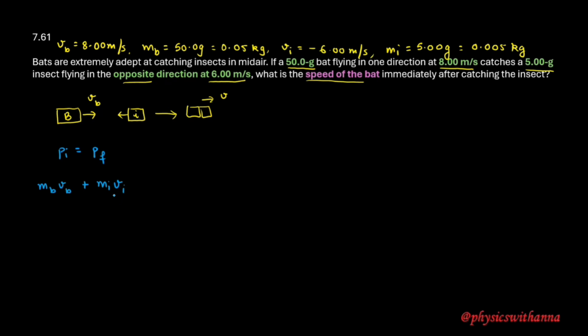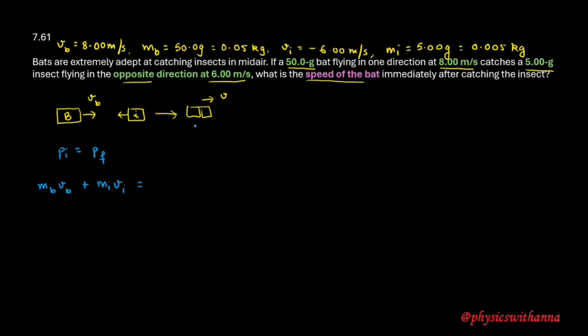Velocity of insect is negative. It is opposite to that of the bat. But we can substitute that value as negative later in our problem. The negative sign must be taken only once, either during the substitution or while writing the equation. If I take Vi negative for substitution, I don't need to put another negative sign here. So this is equal to final momentum.